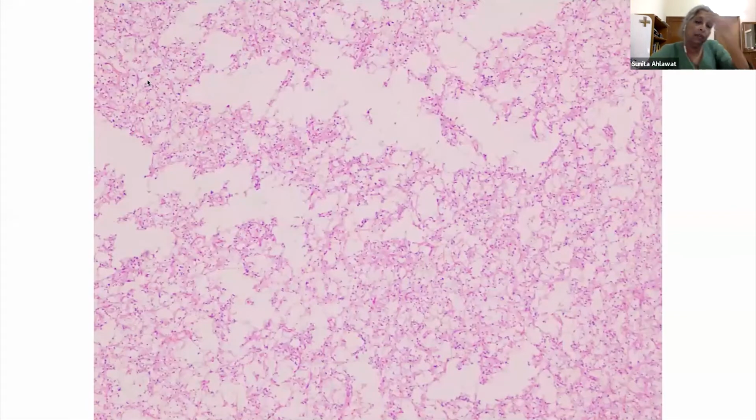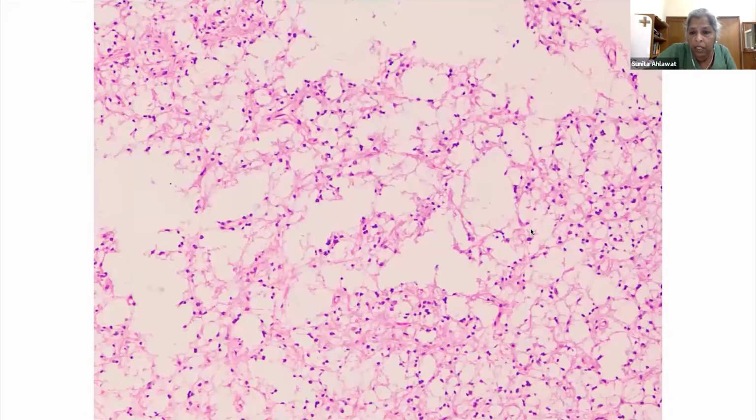This is the histomorphology: a very myxoid, mucoid background in which you can see these cords of oligodendrocyte-like cells, and then these little bigger cells, the neurons.